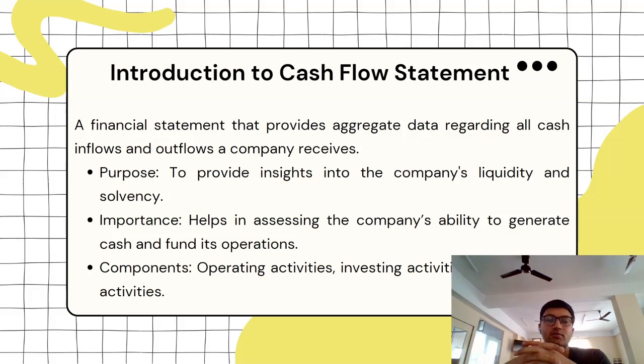That is about cash flow statements, which provide insights into the company's liquidity and solvency. It helps in assessing the company's ability to generate cash and fund its operations. So the company should be able to generate enough cash and fund whatever requirement it has at any particular point of time.